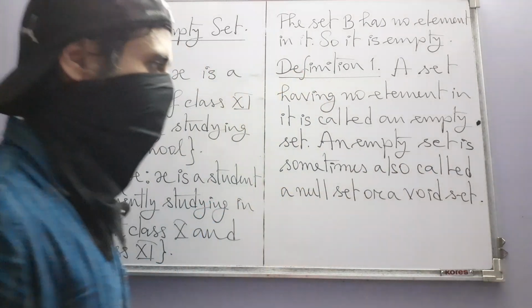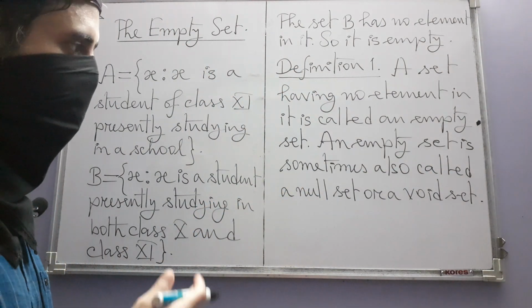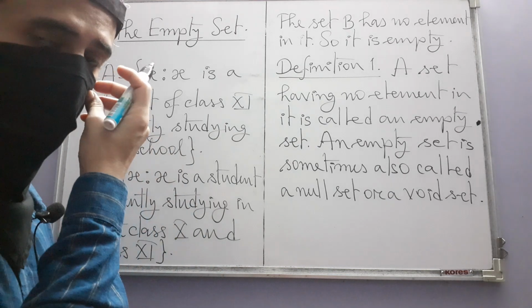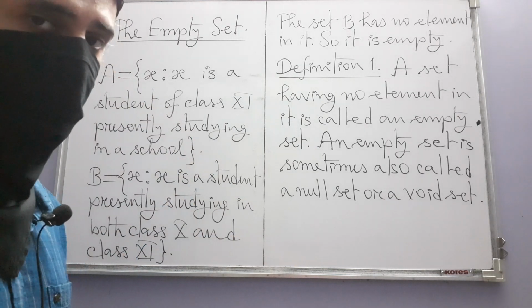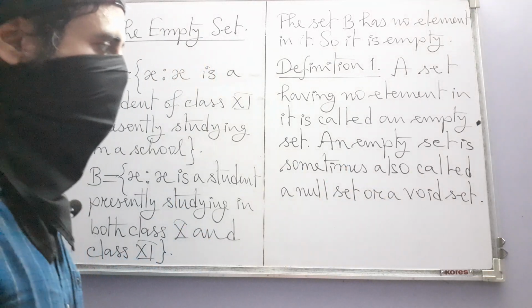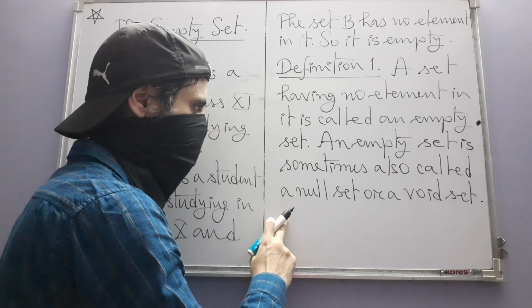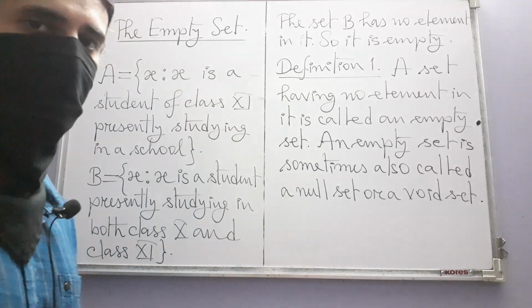These terms, however, are not really used. Okay, although these also mean the same thing, an empty set. However, we normally do not use these terms. We use the term empty set to talk about a set which has nothing in it.